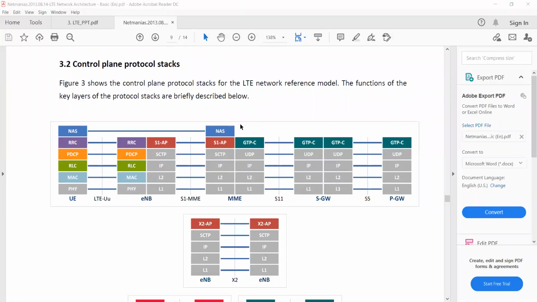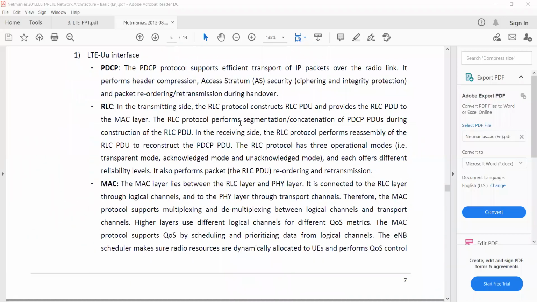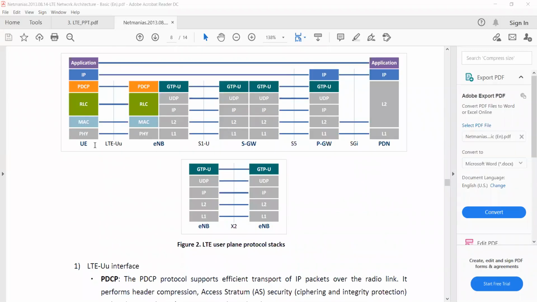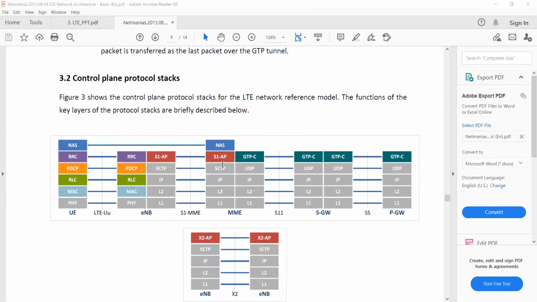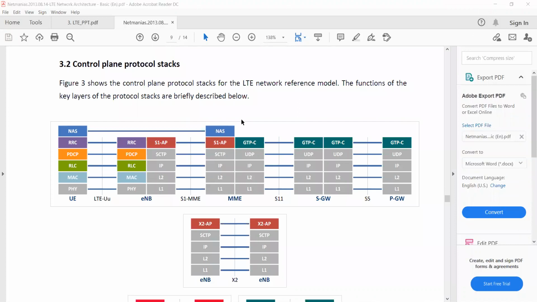There, S gateway came after eNode B, you see, because after connecting to the network, data flow will happen from UE to eNode B, eNode B to S gateway. But in case of control plane, MME is the control manager in the LTE network. So it sends signaling messages.